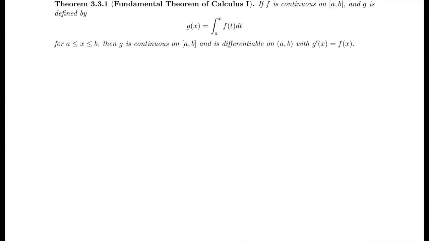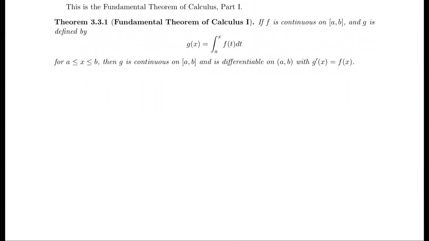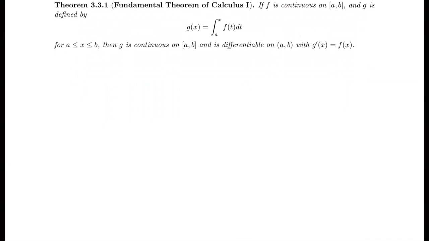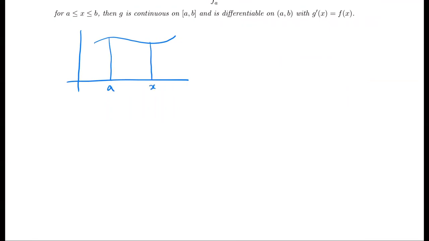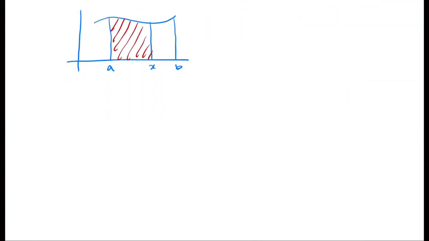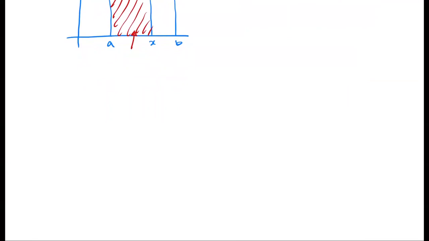It's differentiable on the open interval a to b, and g prime is equal to f. So visually, if we construct two curves, say we have this curve, here's a, here's x, and this is b. We have one area that's this part over here, and that area is going to be your g here.